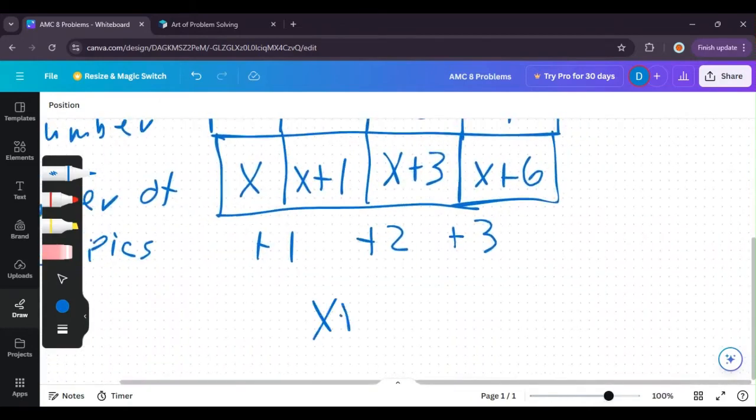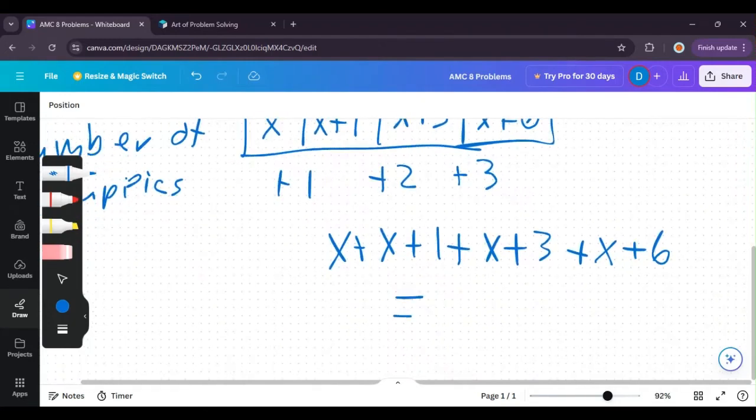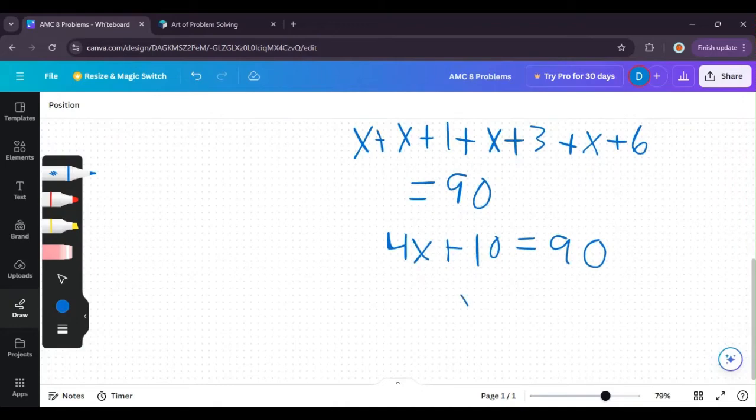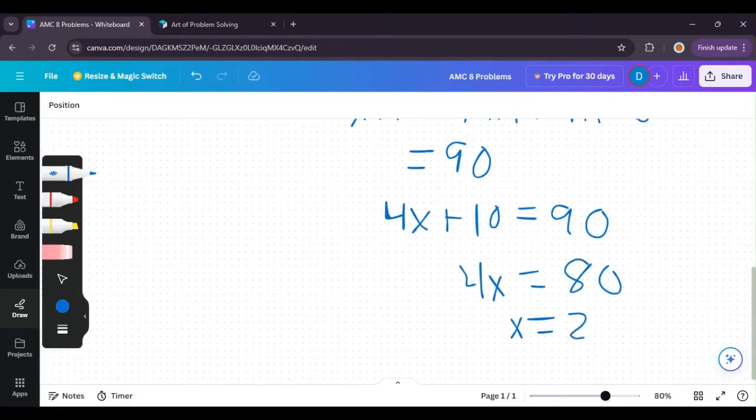So x plus 1 plus x plus 3 plus x plus 6 is equal to 90 guppies total. And we simplify, 4x plus 10 is equal to 90. And we subtract 10 on both sides, so we get 4x is equal to 80, or x is equal to 20.